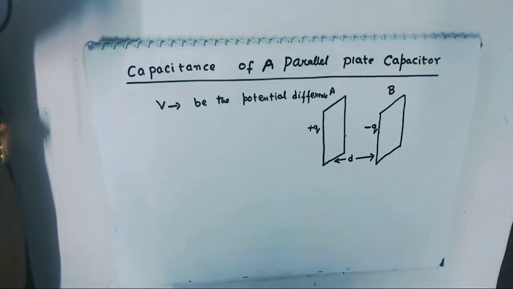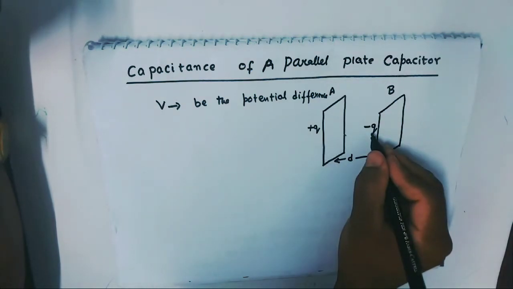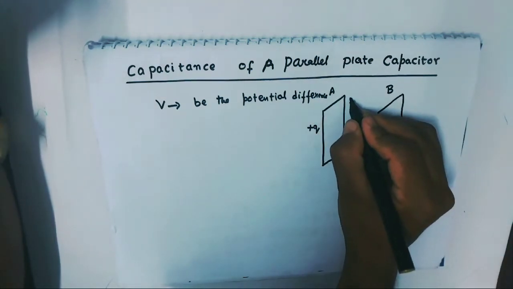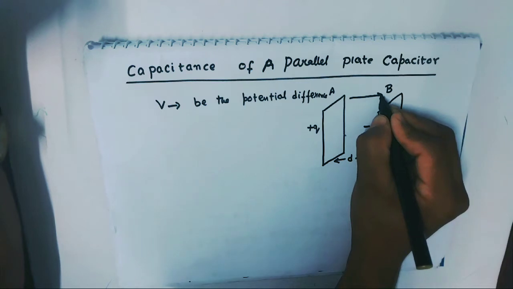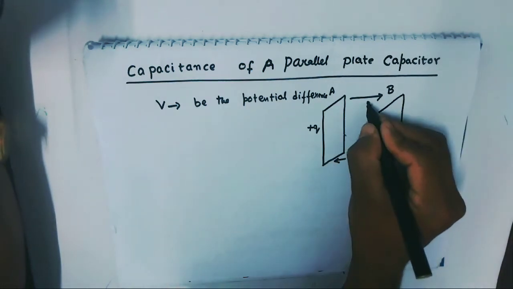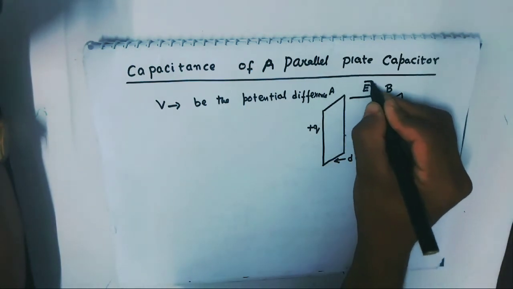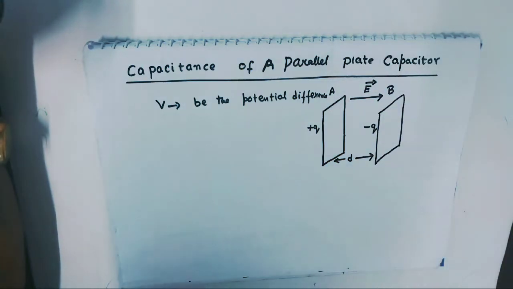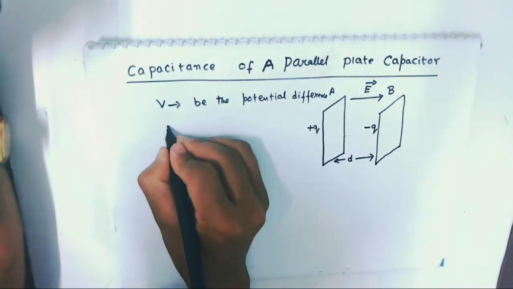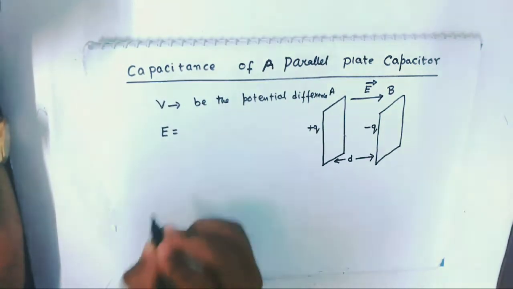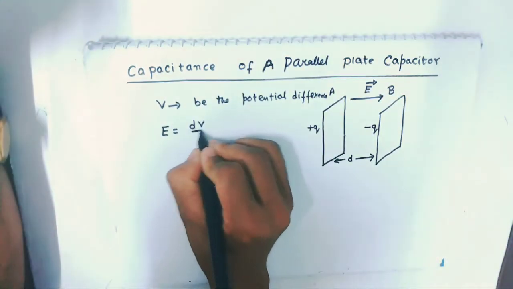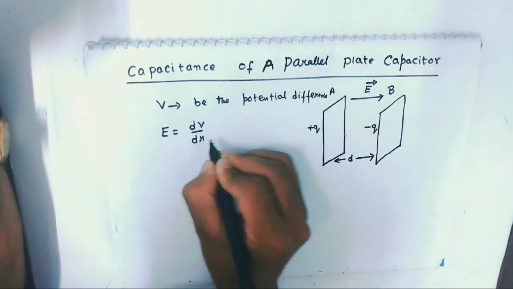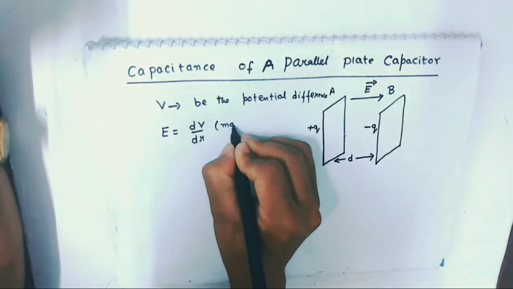You have learned earlier that if we have plus and minus, the direction of the electric field is in this direction. So that is E. Also, we know that the electric field is equivalent to dV by dr in magnitude.